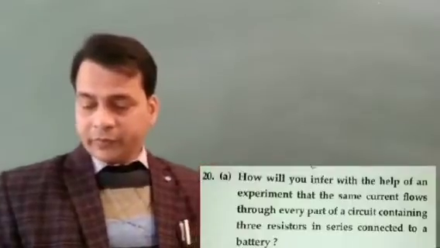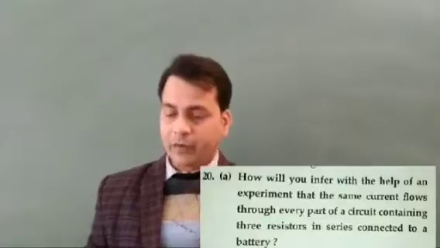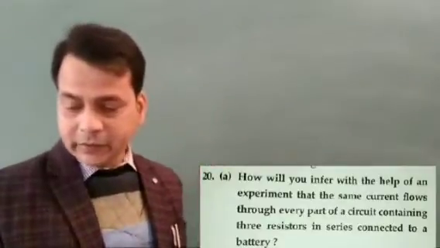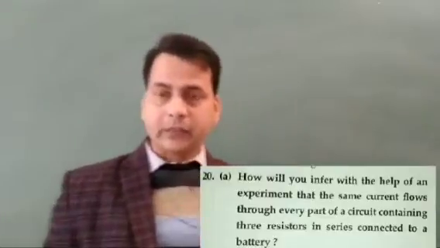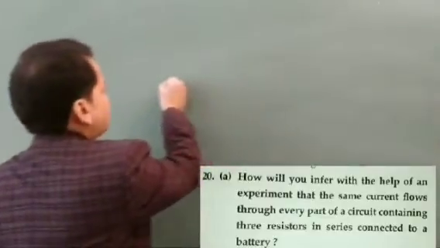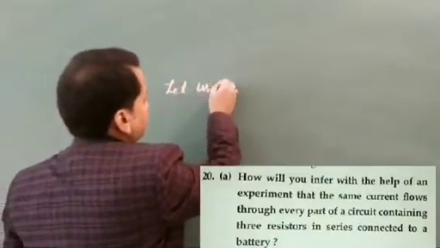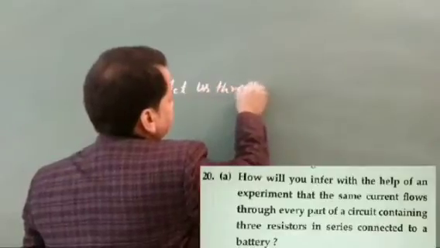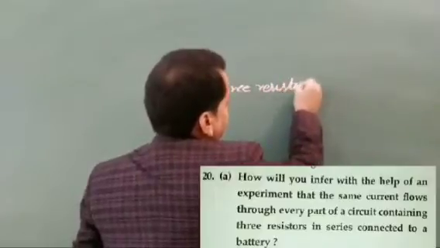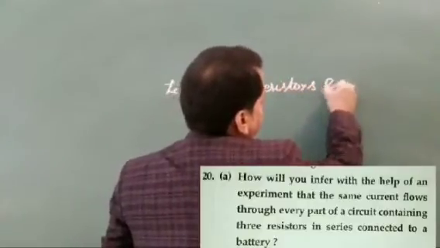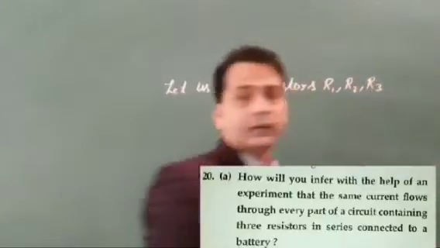How will you infer with the help of an experiment that the same current flows through every part of a circuit containing 3 resistors in series connected to a battery? Let us take 3 resistors R1, R2 and R3.